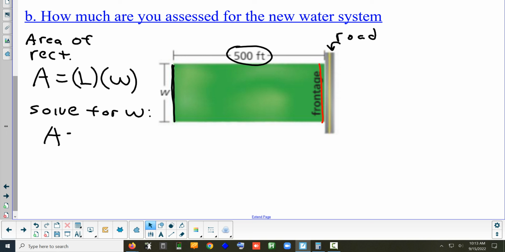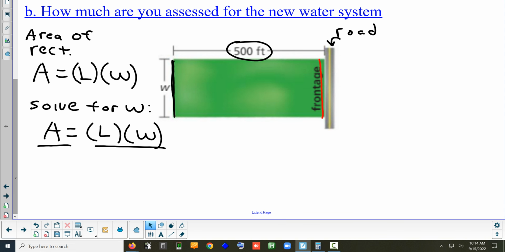So to solve that for W, we have L times W. How would you move L to the other side so W can be alone? Sean? Yeah. And what would you divide each side by? L. Right?